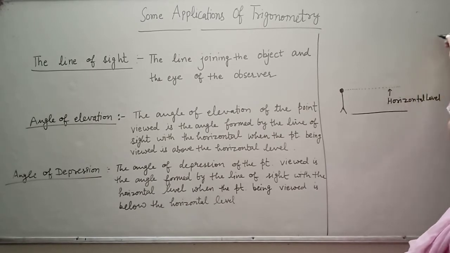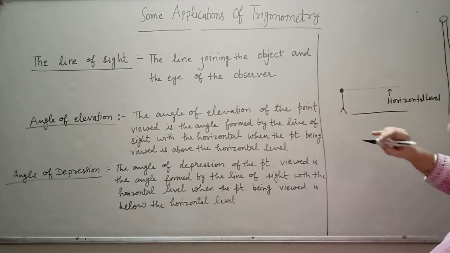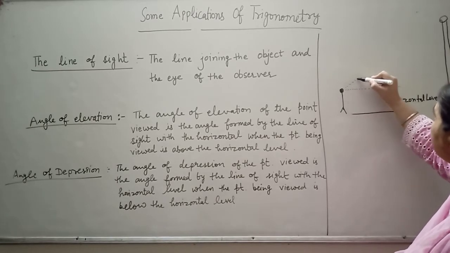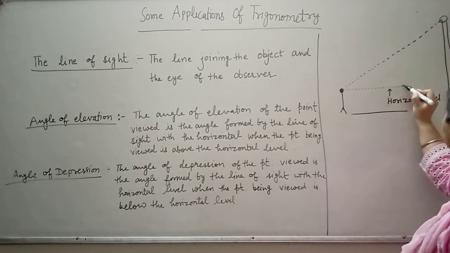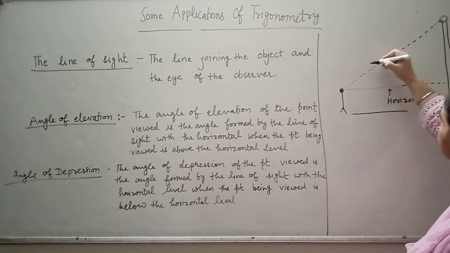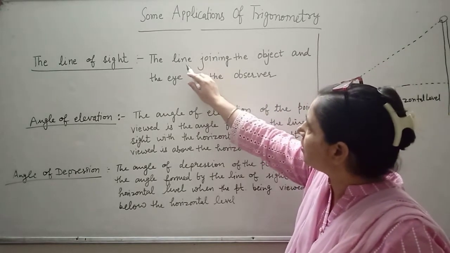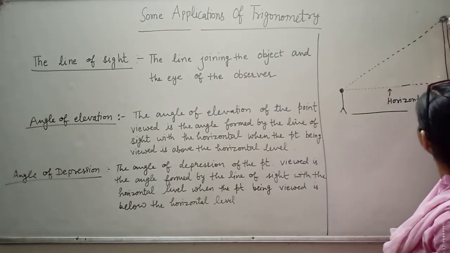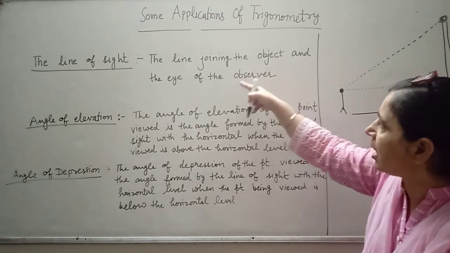Now suppose there is a tower. This is the tower, and if this person looks at the top of this tower, then what is this called? As I told you, the line joining the object and the eye of the observer.